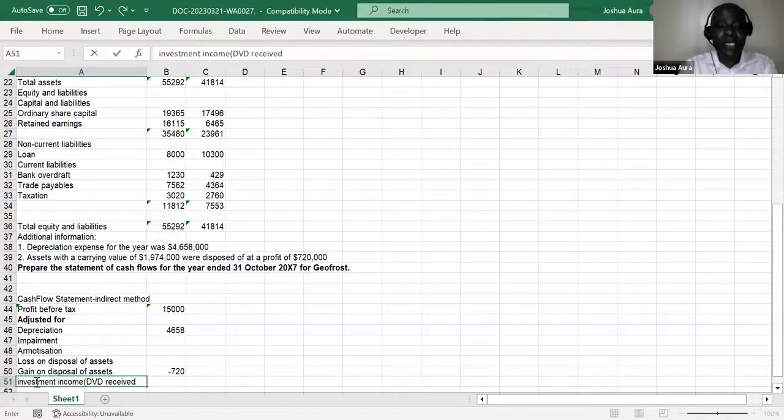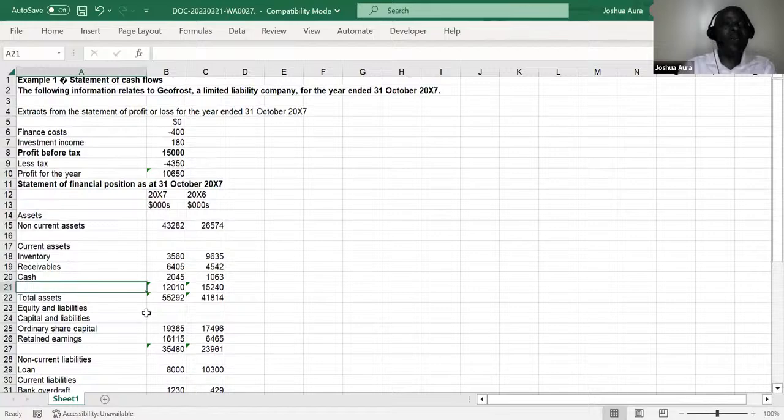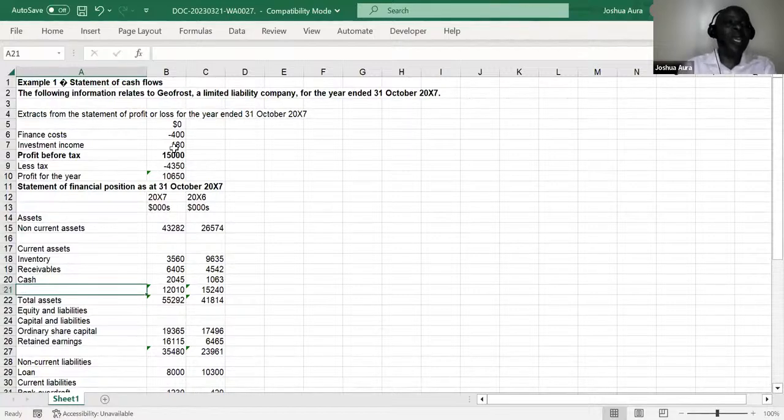So this dividend received, I have a figure up there. What do you think I should do with this figure of dividend received? Can someone talk to me? The figure is 180. Of course, for us to have factored it in here, it must have been added. So now I'm doing a cancellation. So I have to come here and do what? Deduct. I'll have to less.